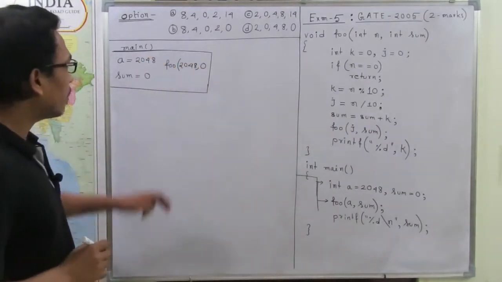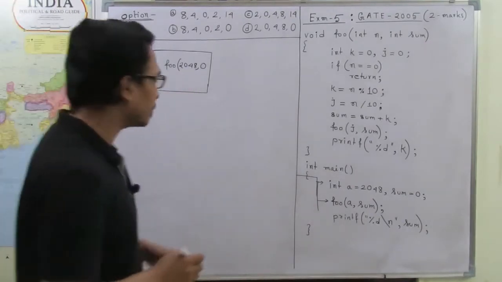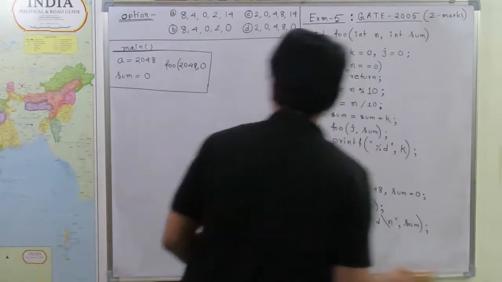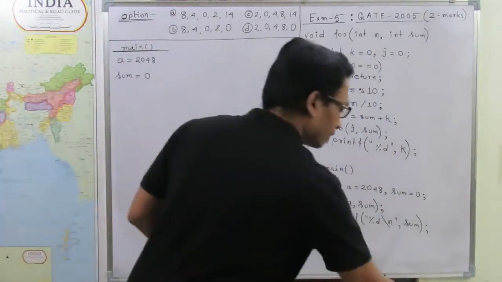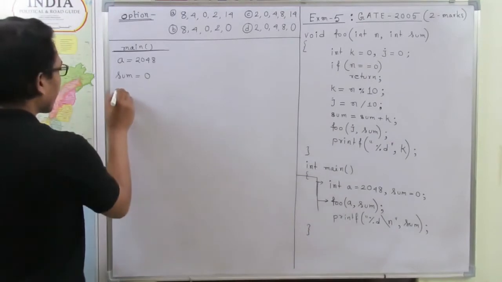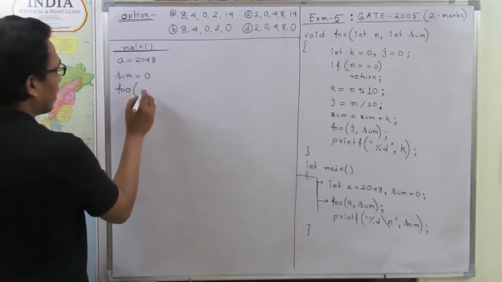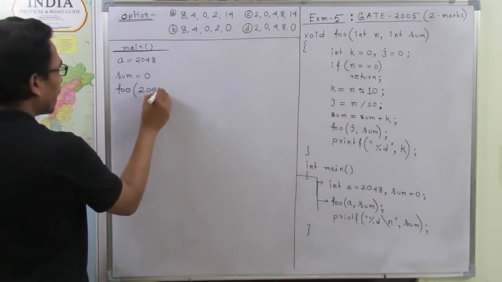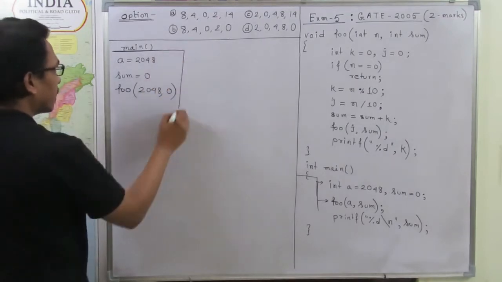Now control switches to this function call. The function call is foo with a and sum, so the value of a is 2048 and the value of sum is 0.